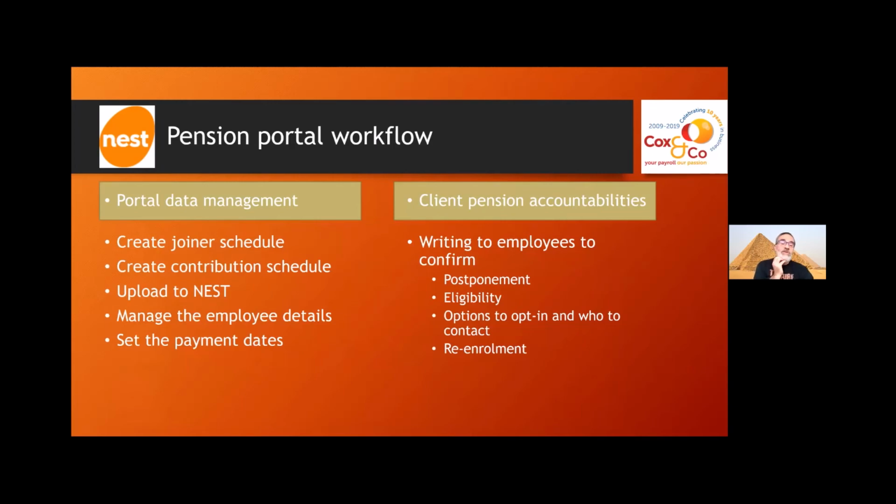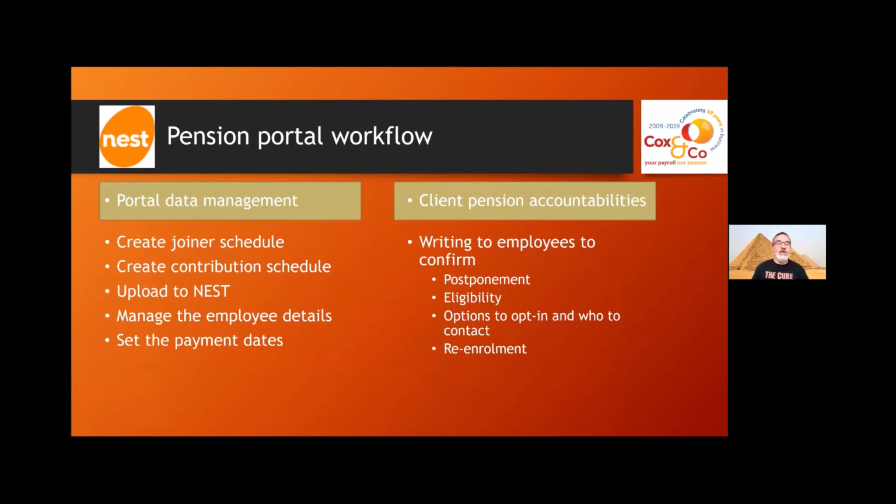Pension portal workflow. So this is really what we're doing and when we're doing it, the things that we do for you. So the things that we do when a payroll has been run and closed, or as part of the closing process, we'll create a joiner schedule.